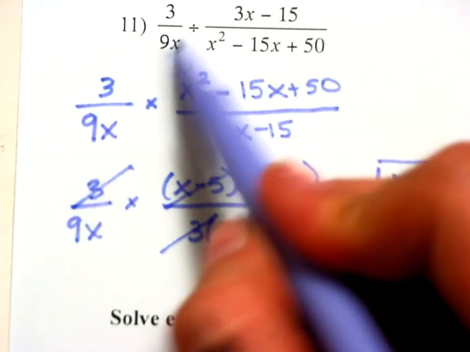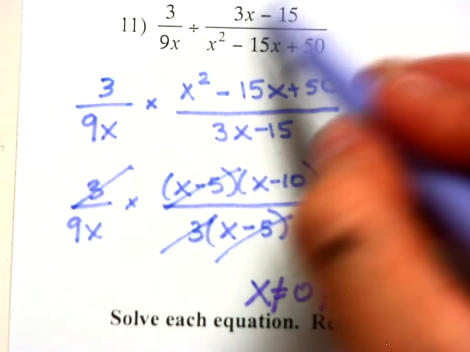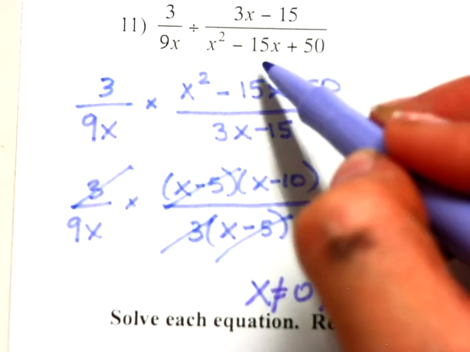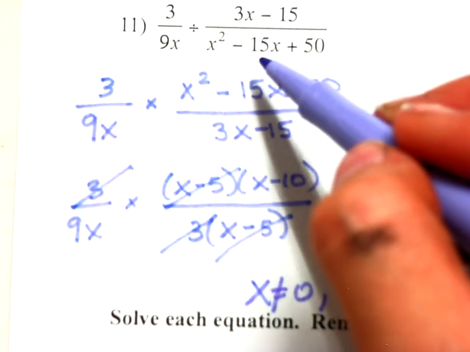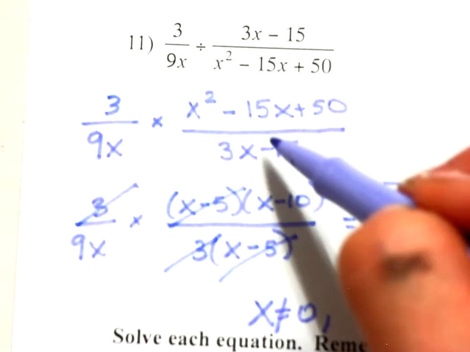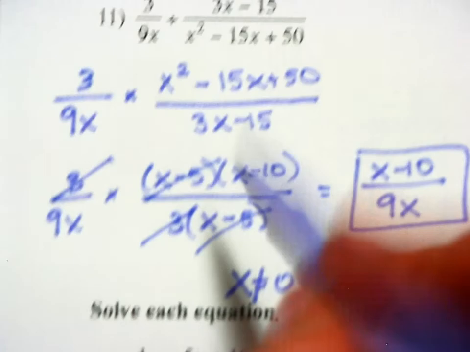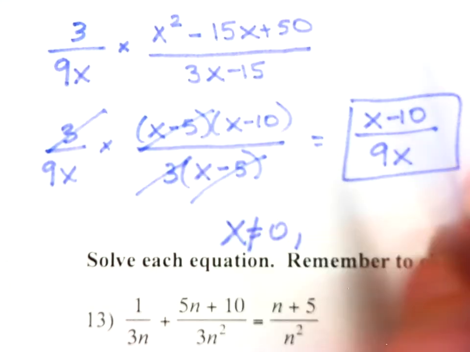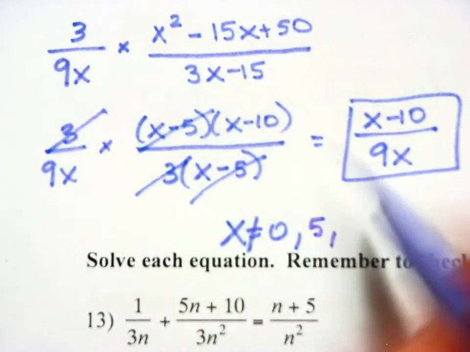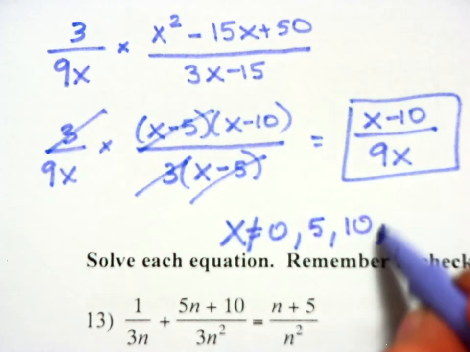It's anything that makes the first denominator 0, and it's anything that makes either the numerator or the denominator 0 for the second fraction, because we are dividing by this entire rational expression. So the entire thing is essentially a denominator. So I'm going to go through. X cannot equal positive 5, positive 10, and 5 was already accounted for, so we're good.